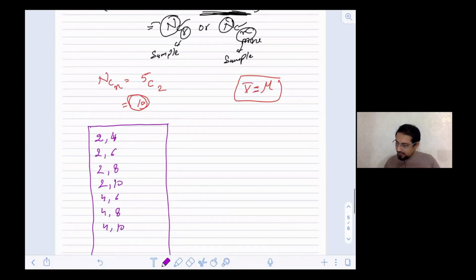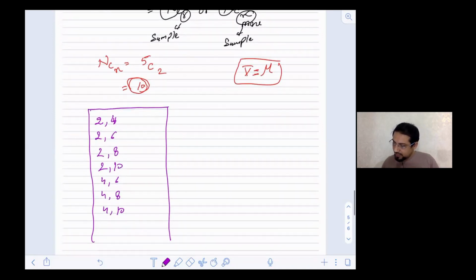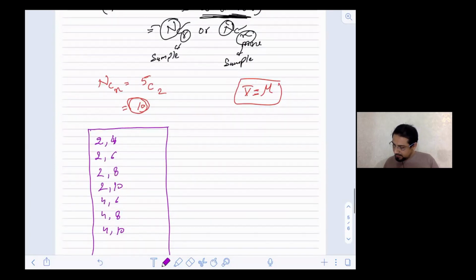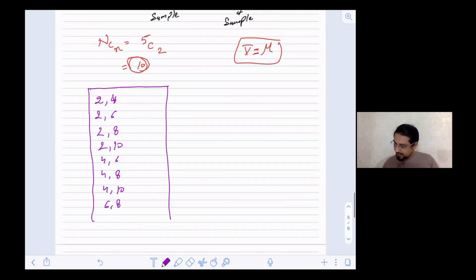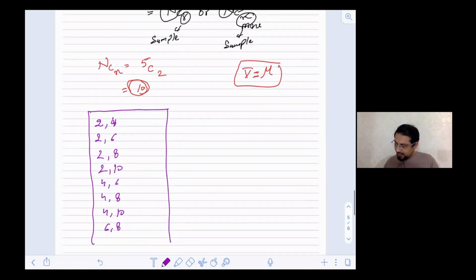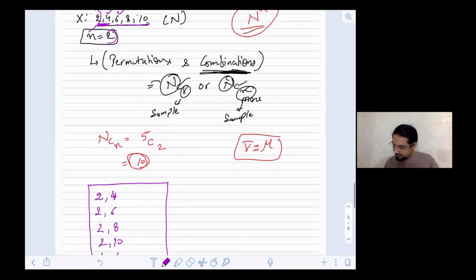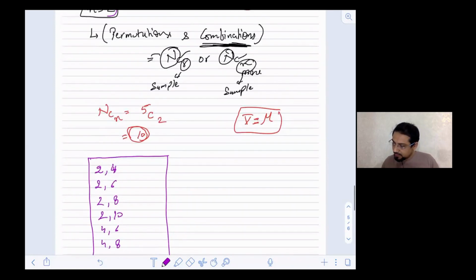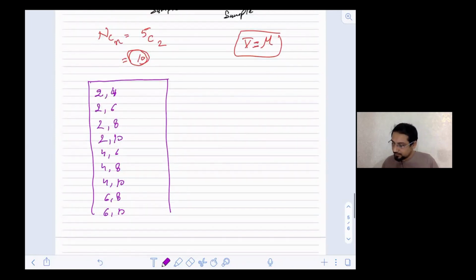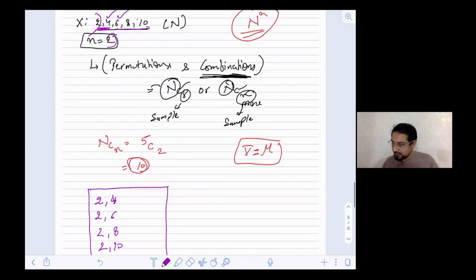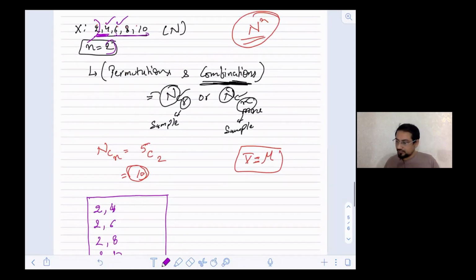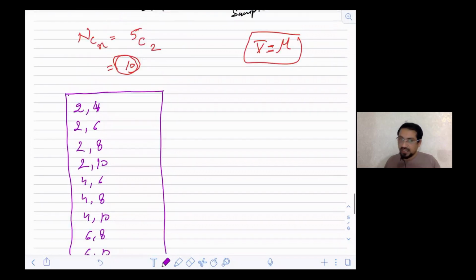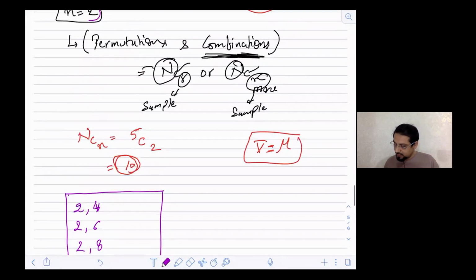After 4 we have 6, so 6, 8, and then of course 6, 10. The last one left is 8, 10, so here I'm going to write 8, 10.